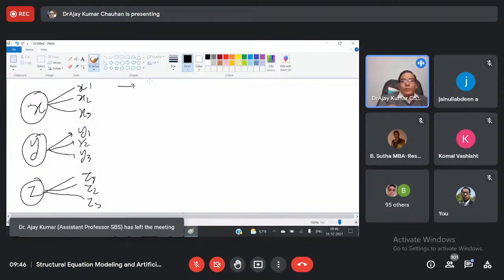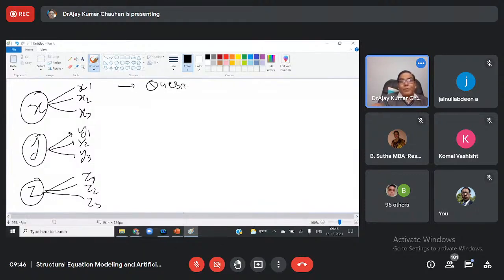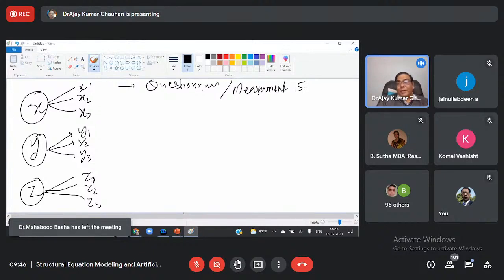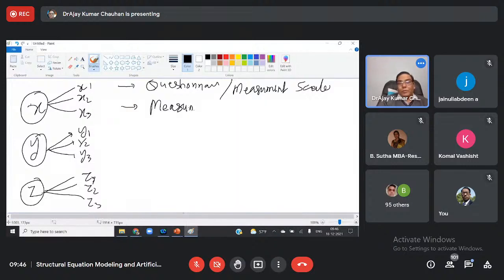It is a questionnaire. In this questionnaire, we are asking about the three constructs with the help of 9 items, and this questionnaire is known as the measurement scale, and this model is known as the measurement model. When we examine the validity of a questionnaire by a model, this model is known as the measurement model.